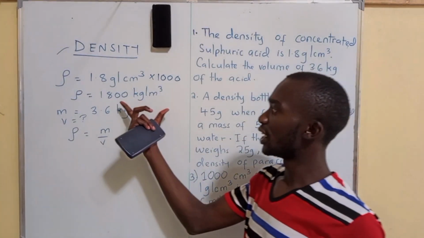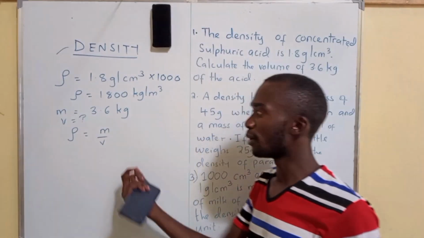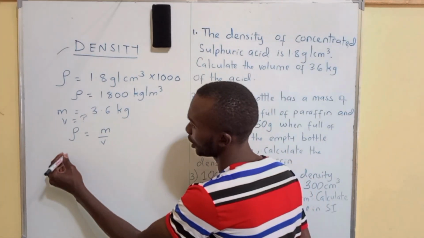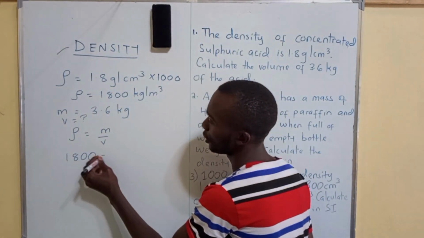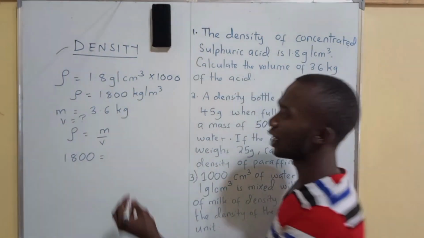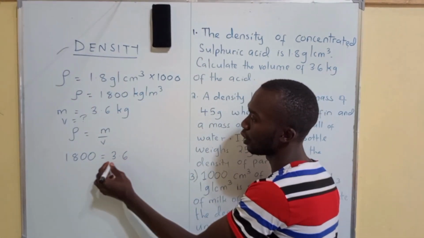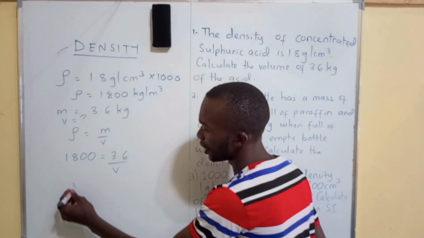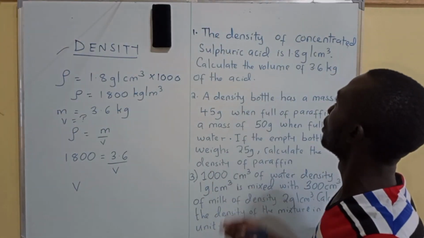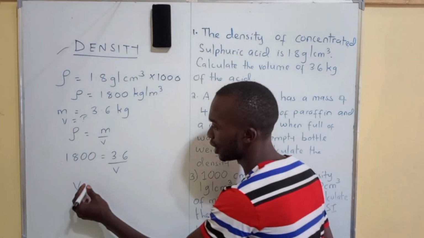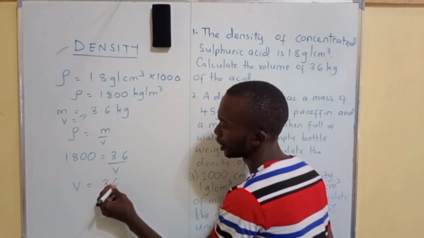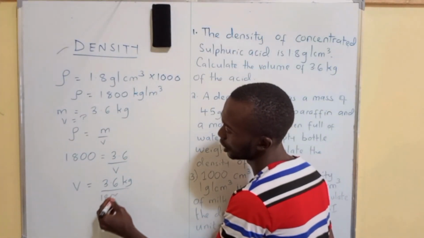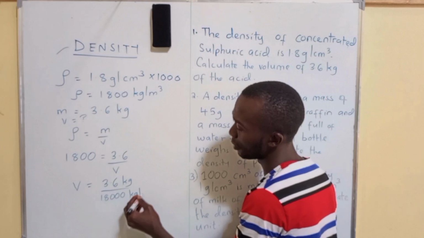Now, substituting the density and mass in the formula to obtain the volume of the given substance of mass 3.6 kilograms. So the density 1800 is equal to the mass, 3.6, over the volume V. The value of V, the volume of sulfuric acid in 3.6 kilograms, is equivalent to 3.6 kilograms over the density, which is 1800 kilograms per cubic meter.